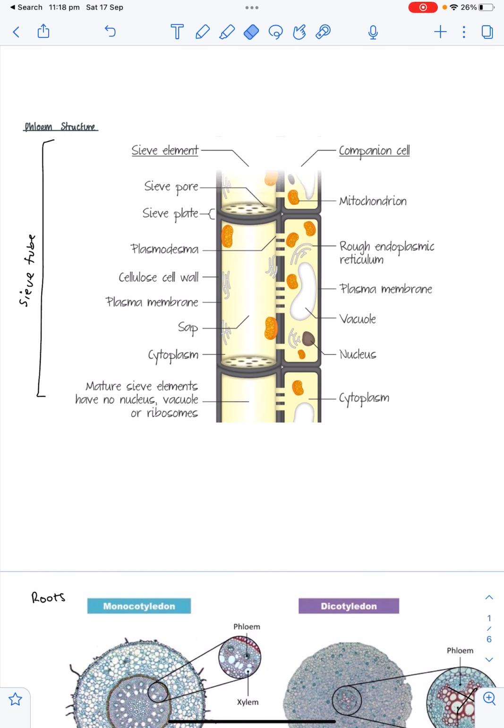So the phloem is basically made up of sieve elements, which are elongated cells that are connected together to form a sieve tube, which is what is shown here in the diagram. They have perforated end walls, meaning end walls that just have holes in them, called sieve plates, which enable the flow of sap between the sieve elements.